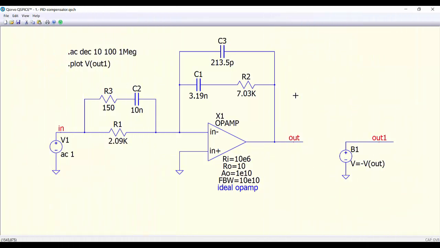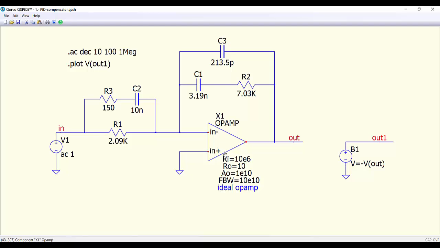Now, before testing our compensator in closed loop with the buck converter, let's do a simulation of the compensator itself to check that everything is okay. Here we have the operational amplifier. We have selected now an almost ideal operational amplifier with a very high DC gain, a very high bandwidth.